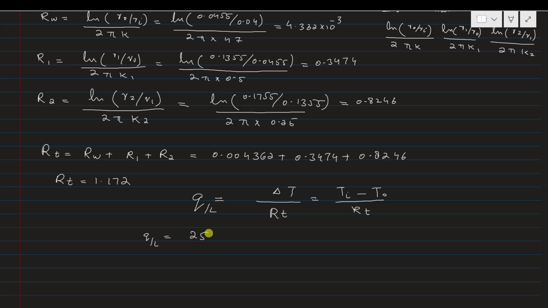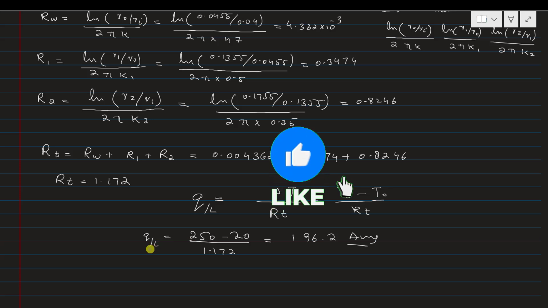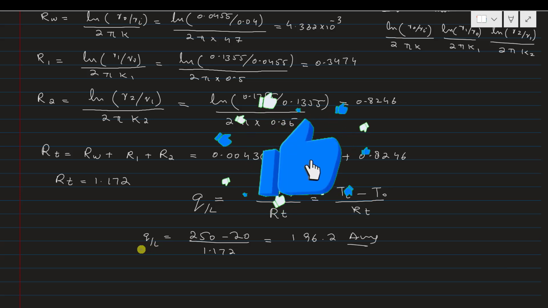That is 250 minus 20, divided by 1.172. You will get the answer, that is 196.2. That is our final answer. This is the heat loss per unit length of this composite pipe.